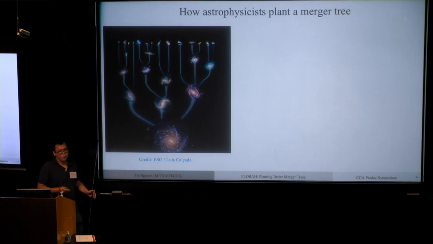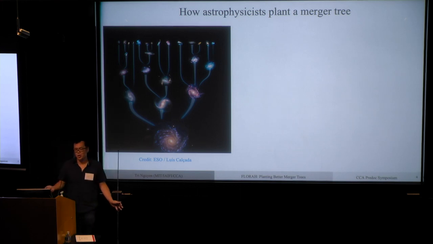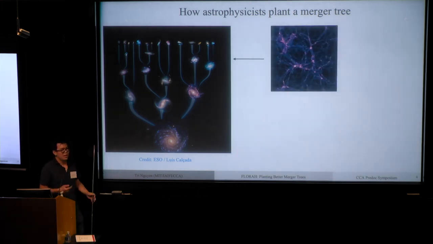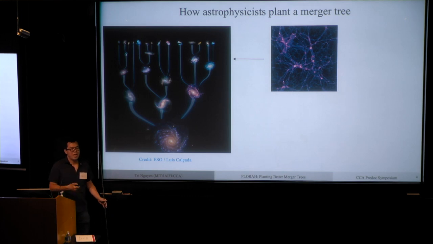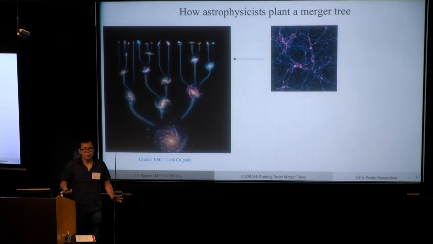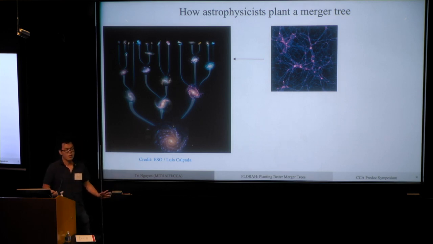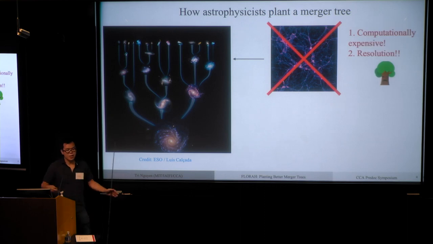So how do astrophysicists normally generate merger trees? The first way, like I mentioned before, is to run an N-body simulation, then use something like Rockstar to keep track of all the halos, and then use Consistent Trees or any kind of tree reconstruction algorithm to link those halos into a tree structure. However, this is not very good.